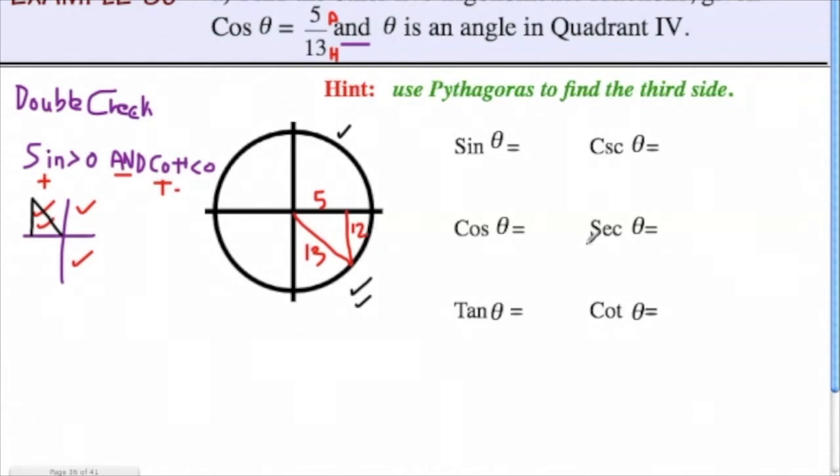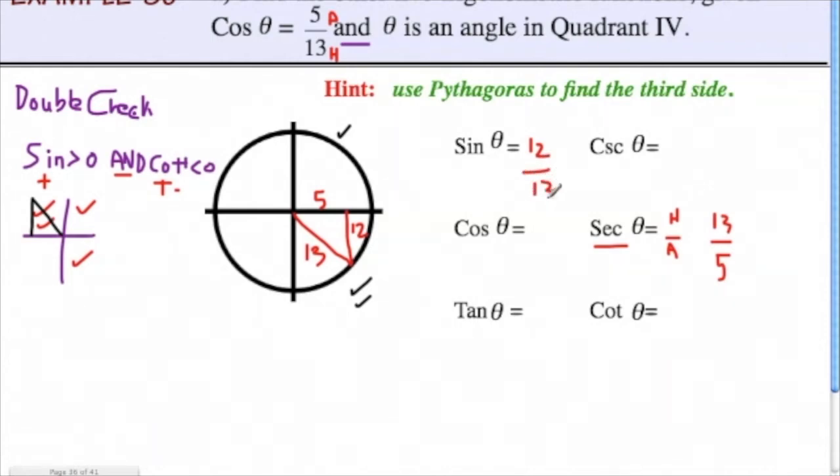So I'll just do a secant one, I'll do this one right here. Secant is the flip of cos. Cos is A over H, so this is H over A. My H is 13, and my A is 5. And let's do a sine one. Sine is O over H, so it's 12 over 13.